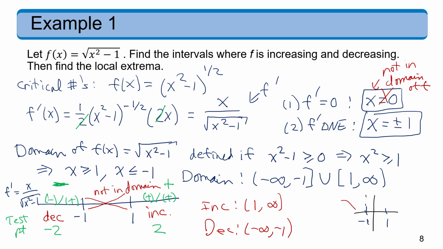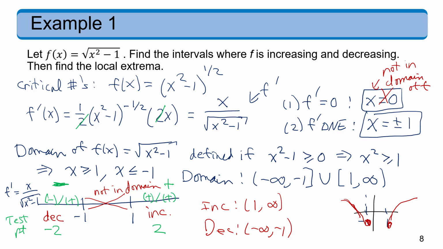We don't know exactly how, but it's decreasing as it approaches negative 1, and it's defined at negative 1, so it's not an asymptote. And then it jumps. There's nothing in between negative 1 and positive 1. And then to the right, it's increasing. So there's no asymptote, it's just a jump.